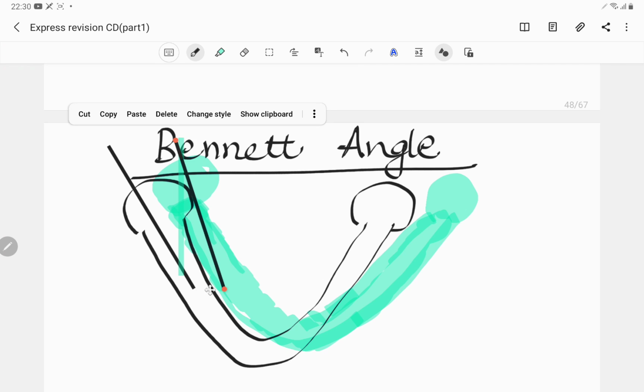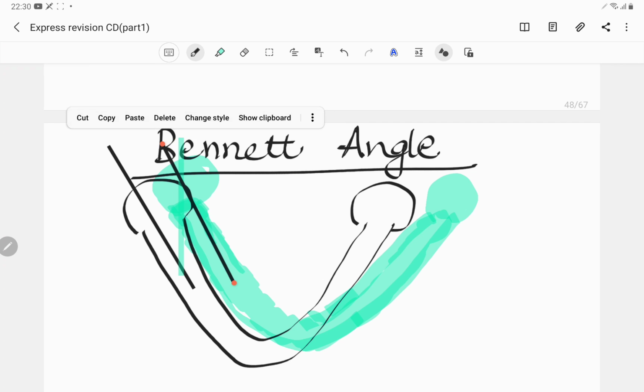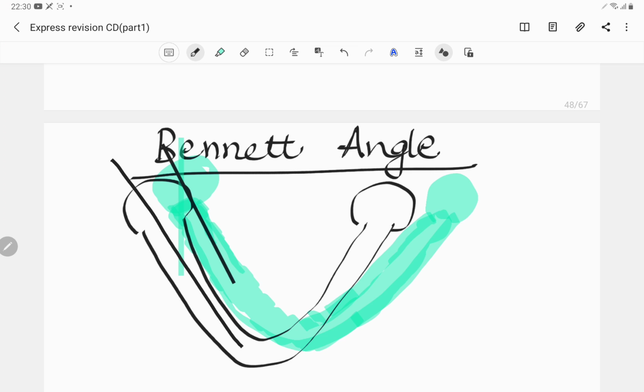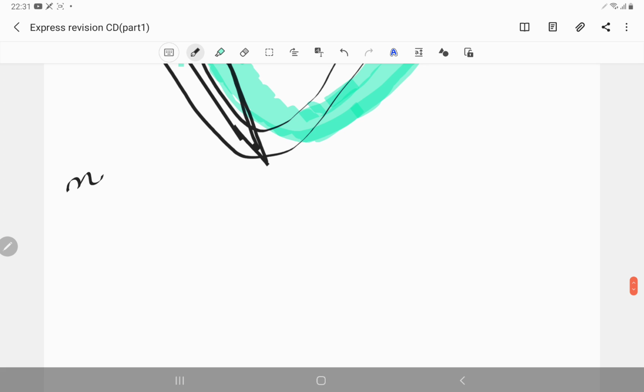So this particular angle is going to be our Bennett angle, right? This angle is measured on the non-working side.